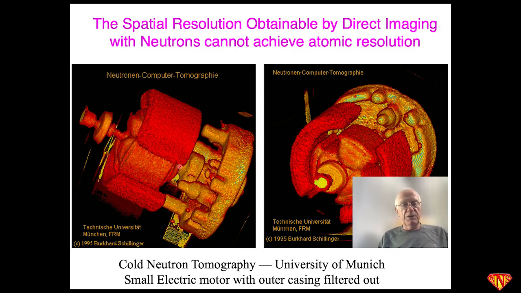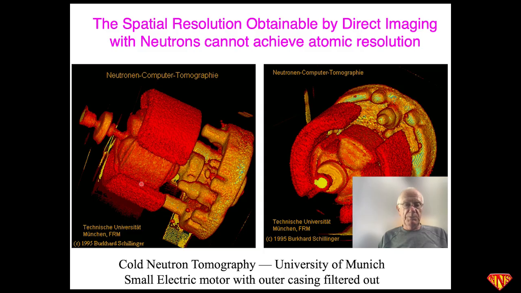These are radiographs actually produced with neutrons, which is a technique very similar to the radiographs that you get produced of your teeth when you go to the dentist. That is to say, the radiation passes through the object in question and is absorbed differentially by different parts of the object. In the case of your teeth, of course, bone and the flesh around the bone.